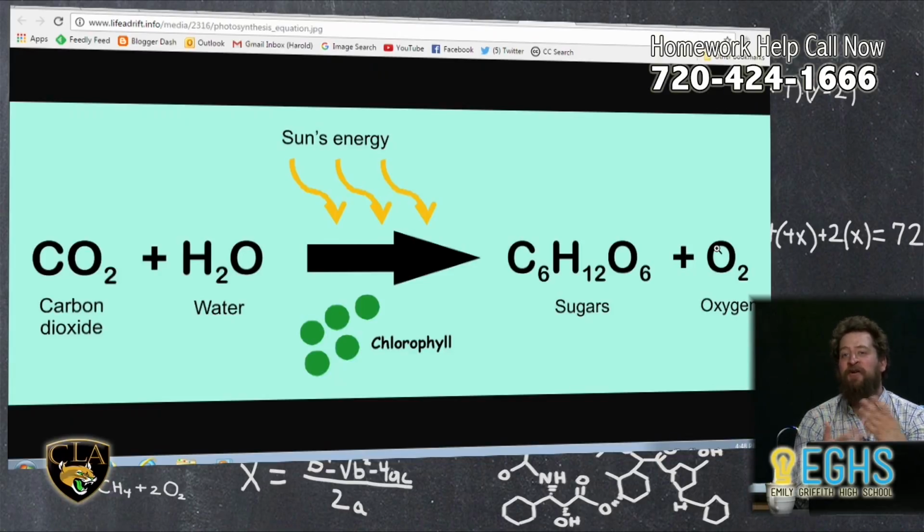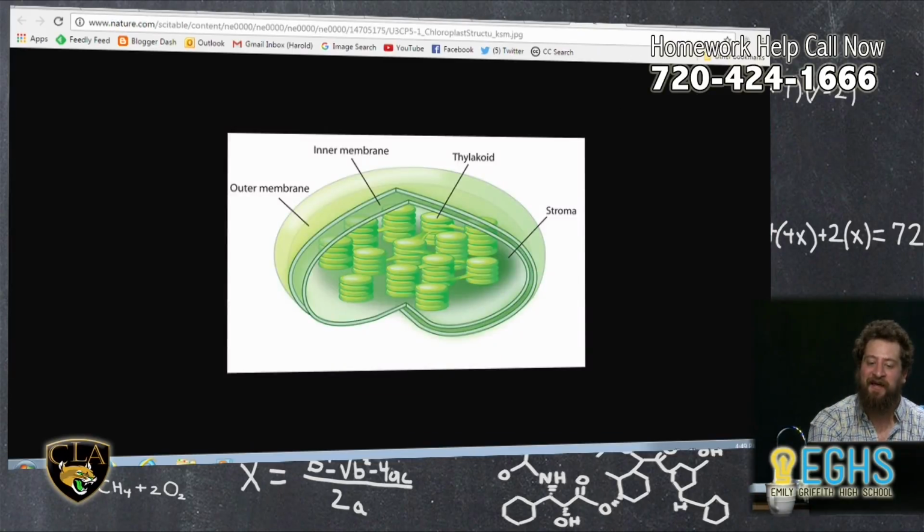And what heterotrophs do is they run this reaction backwards. Heterotrophs eat sugars and they use oxygen that they've breathed to breathe out carbon dioxide, and they also get water as a byproduct of that. And so this relationship between photosynthesizing autotrophs and heterotrophs is this key relationship. And again, heterotrophs could only exist thanks to autotrophs.